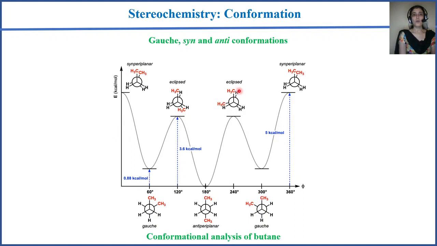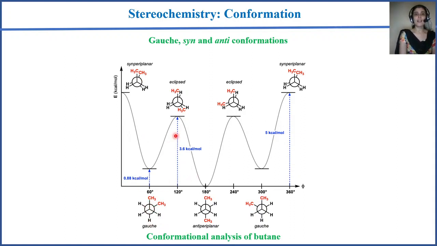But today we are taking the example of butane, and we are starting from the eclipsed conformation of butane. Now, this is the butane conformation. This is the eclipsed conformation of butane. If we rotate this CH3 by 60-degree rotation, we will get the conformation like this.